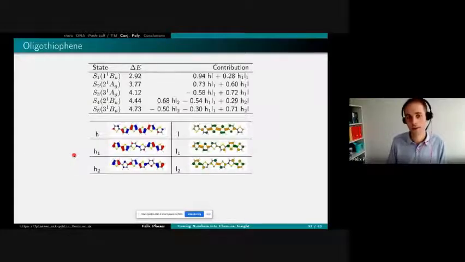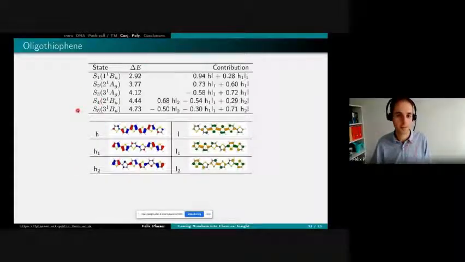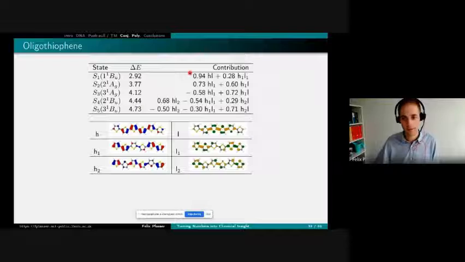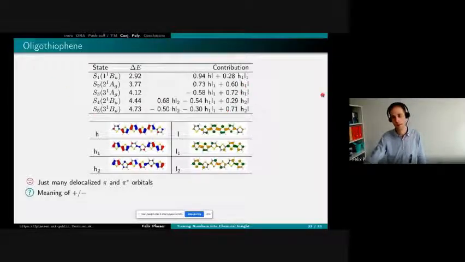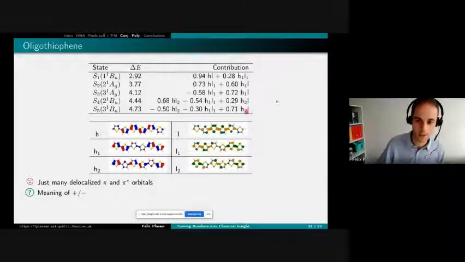So you get the first 5 states, you get their energies, and then you see all these states are just combinations of different pairs of orbitals, and all these orbitals are delocalized pi and pi star orbitals. So all I can say is, okay, we have pi pi star states. But the question is, what does it really mean when we see all these combinations?